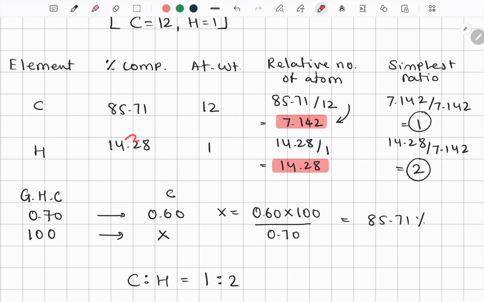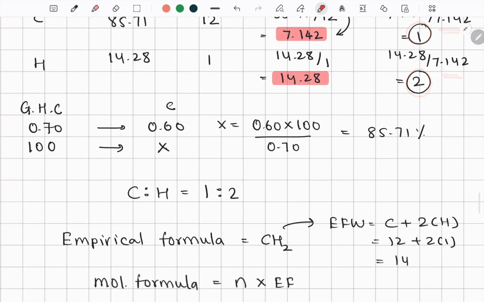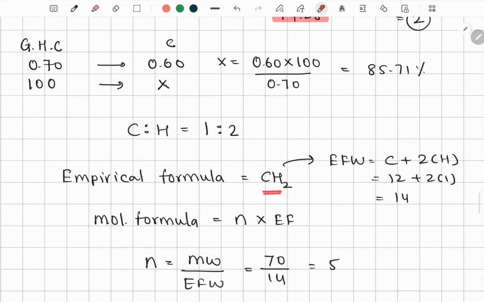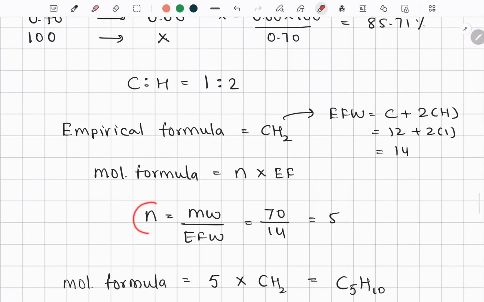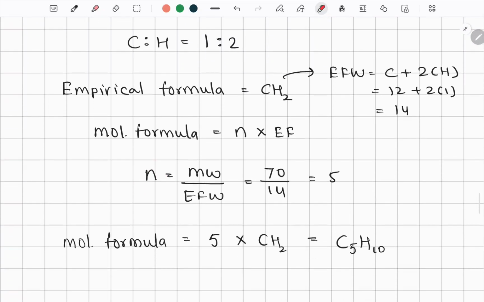When we subtracted it from 100, we got the percentage composition of hydrogen. We calculated the relative number of atoms for both carbon and hydrogen, and by dividing by the smallest value, we got the simplest whole number ratio. Then we found the empirical formula, and then we found the value of n. When we multiply n with the empirical formula, we get the molecular formula.